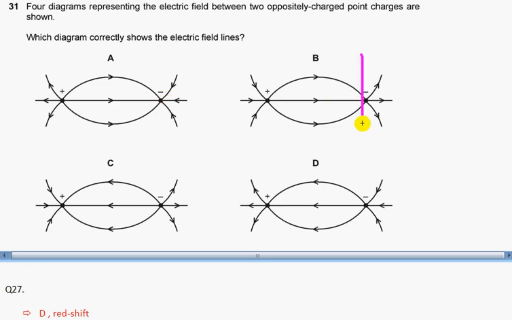Here is a mistake, it should be inward. Here it should be outward, here is a mistake, and here outward. So we choose answer A.